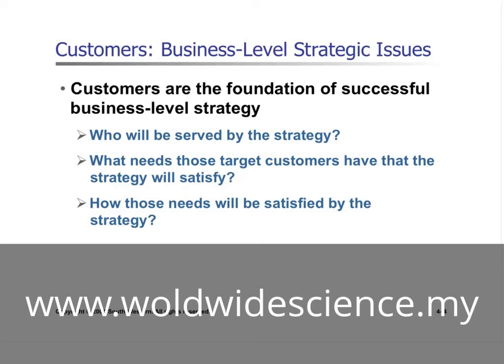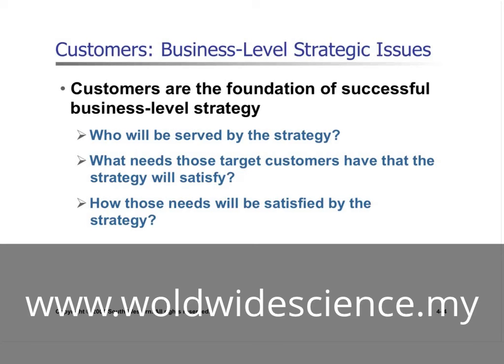Sometimes you're in the toy business, like there's a company called Toys R Us, or Barbie dolls, or whatever company that is. You've got to understand exactly who your customers will be. What are your customers going to be like, what do they prefer, and what do they like? And that will be the first important step in devising your business level strategy.